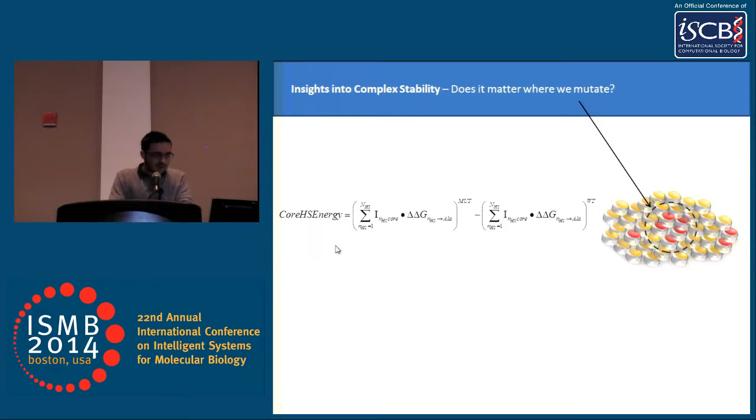Just to remind you, I've designed a number of descriptors. The descriptor that I showed you before was interface hotspot energy, which calculates the change in the total sum of hotspot energies pre and post mutation. What core hotspot energy does is it forgets about what happens at all the parts of the interface except the core region.